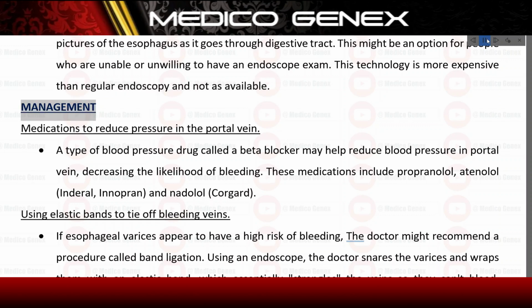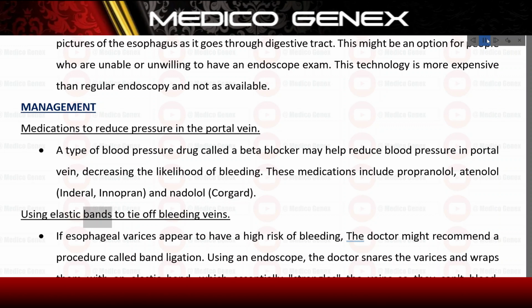Management. Medications to reduce pressure in the portal vein: a type of blood pressure drug called a beta blocker may help reduce blood pressure in the portal vein, decreasing the likelihood of bleeding. These medications include propranolol, atenolol, Inderal, Inopran, and nadolol, Corgard.